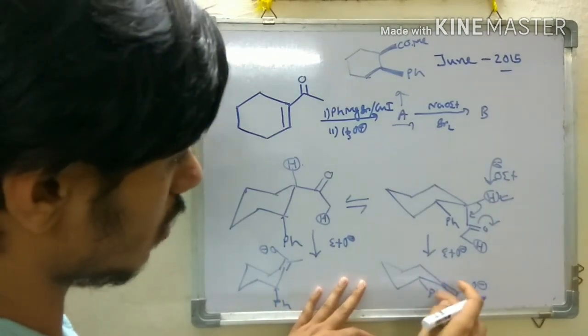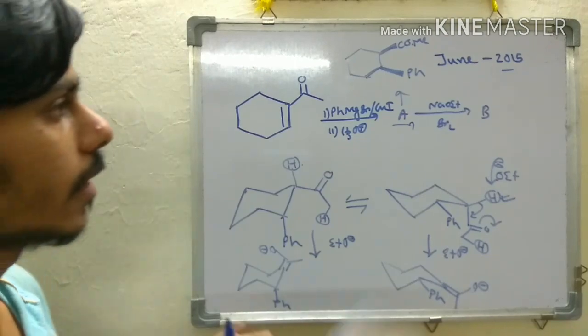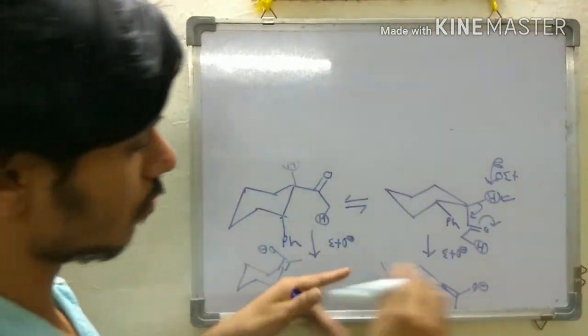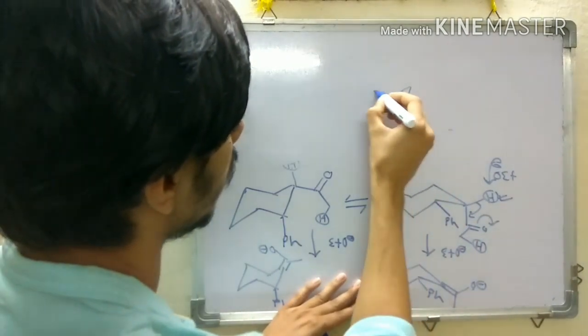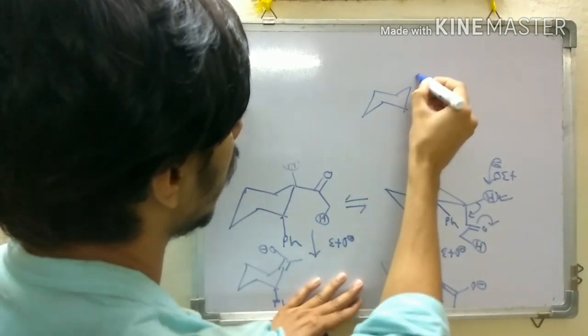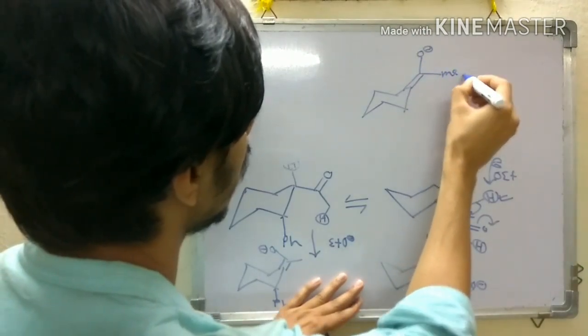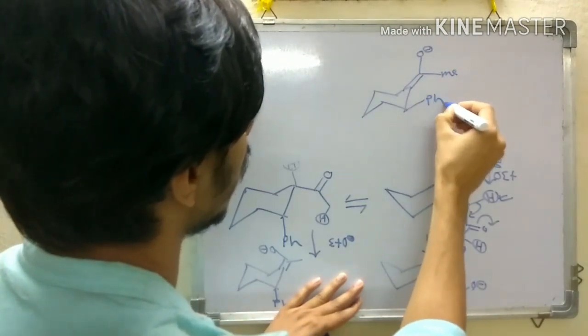So this particular isomer you can write like this also. They are the same. O minus, methyl, and here you have phenyl.